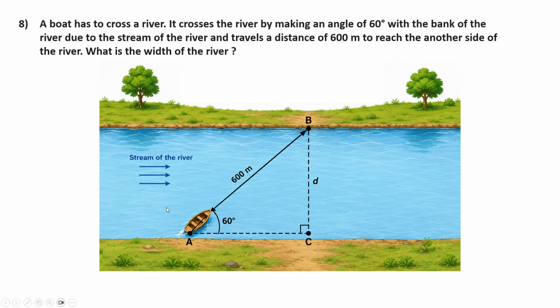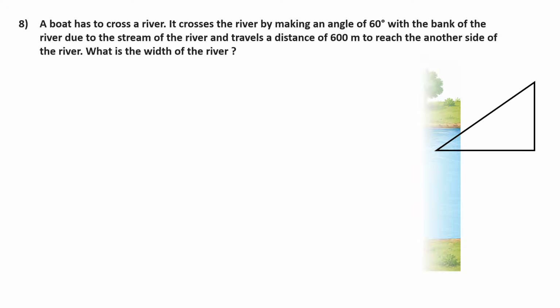Now we'll take one imaginary right angle triangle as shown on the screen. So here, if I name it, C is the starting point, A is the target, point B. Here it is 60 degrees and this distance is 600 meters.